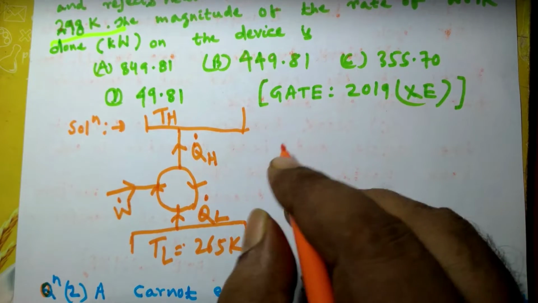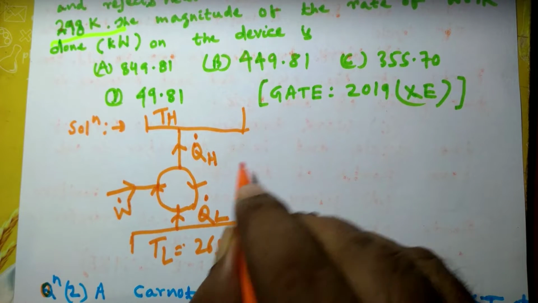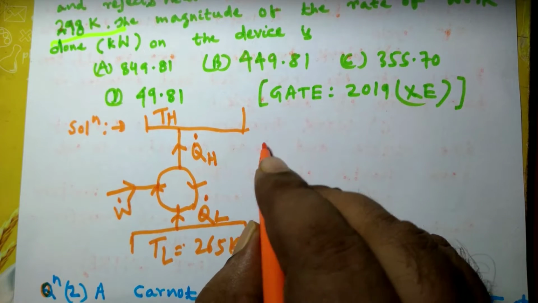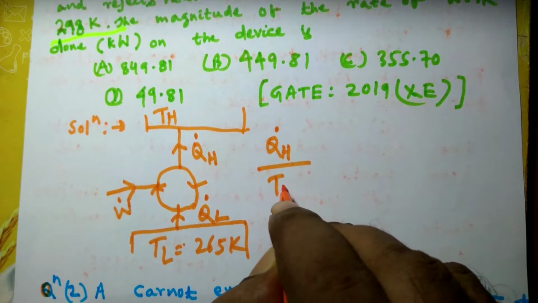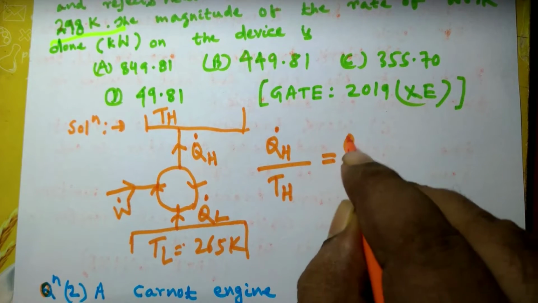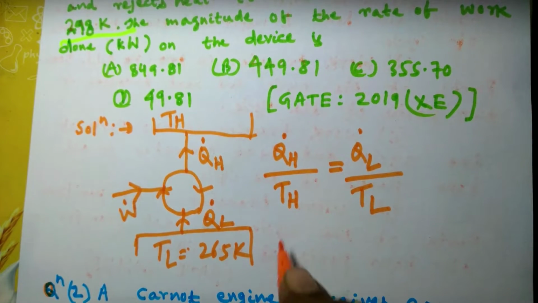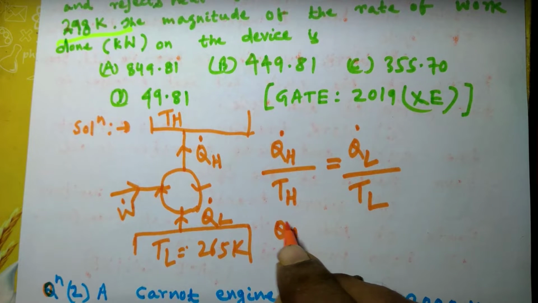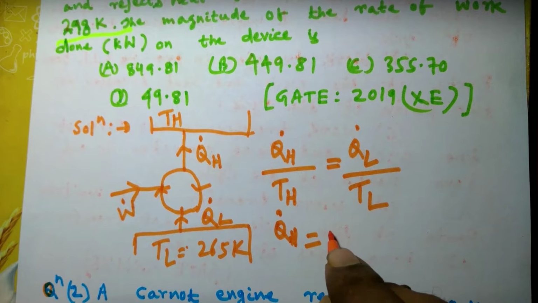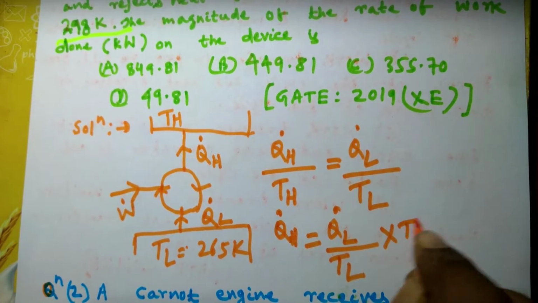Since it is a reversible cyclic device, this relationship will be valid for it, that is, on the thermodynamic temperature scale, Q dot H divided by TH is equal to Q dot L divided by TL. By applying this relationship, Q dot H I can calculate, that is Q dot L divided by TL multiplied by TH.